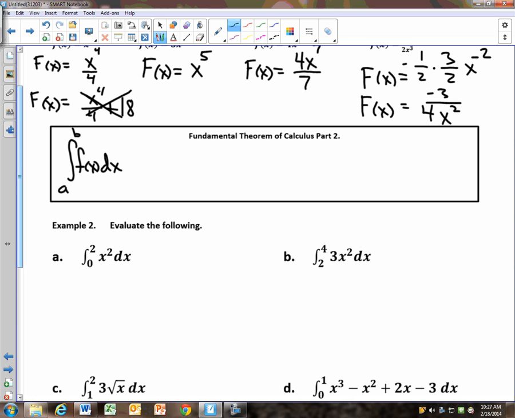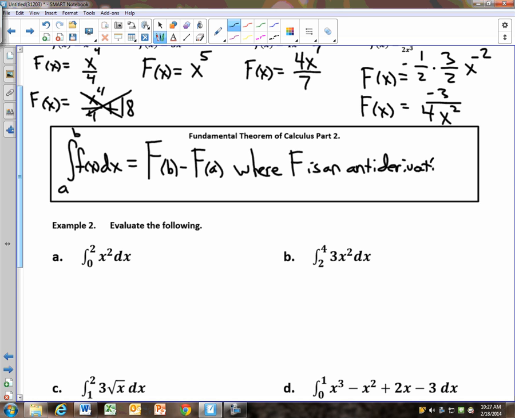You want to know what that comes out to. It's equal to simply F of b minus F of a, where F is an antiderivative of f.